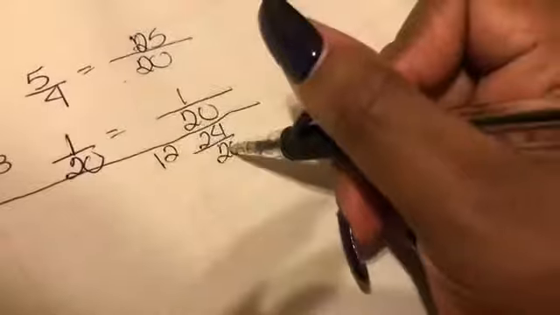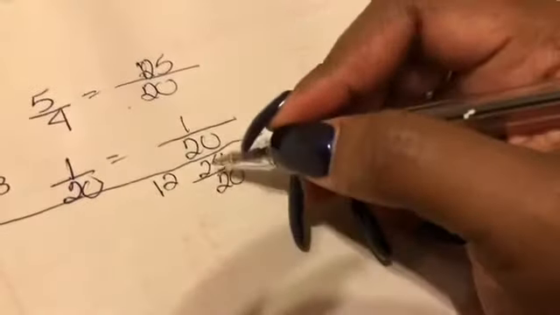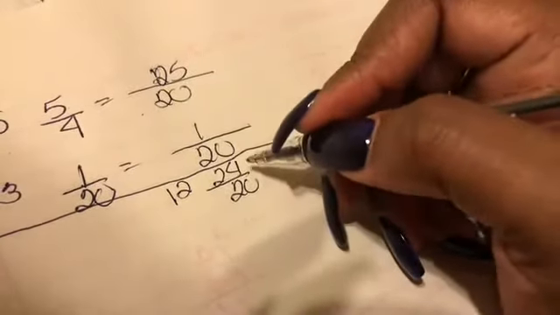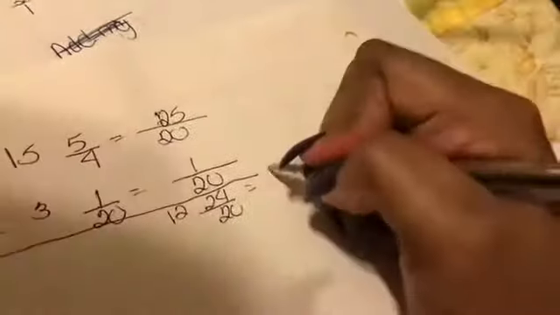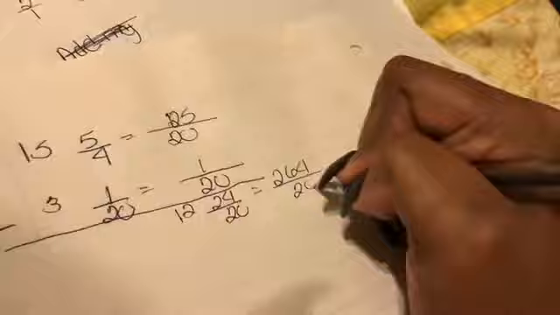Okay, 20 times 12 is 240. 240 plus 24 is 264 over 20. Okay.